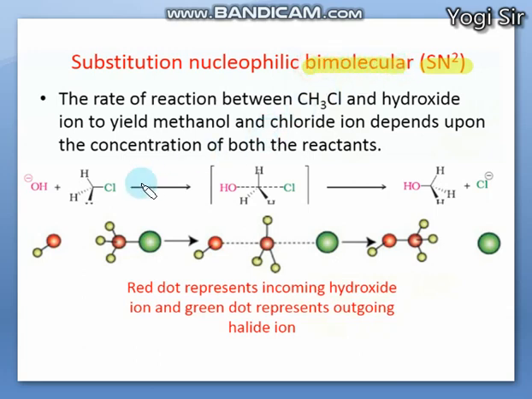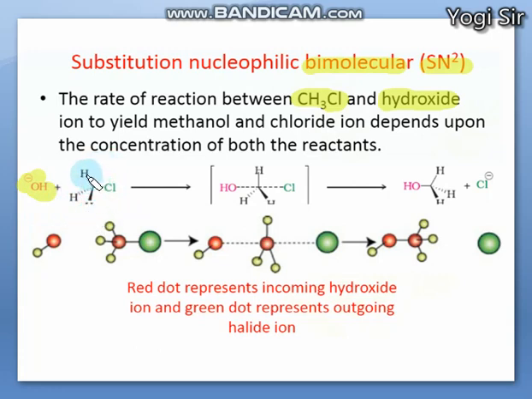Here there is one example given. There is a reaction between chloromethane, that is CH3Cl, and hydroxide ion, that is OH minus. This OH minus works like a nucleophile, which is negative, and this compound is CH3Cl, chloromethane.